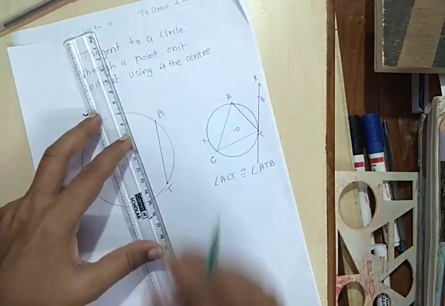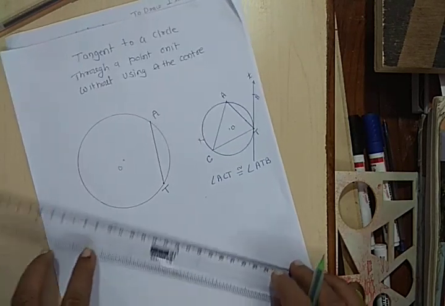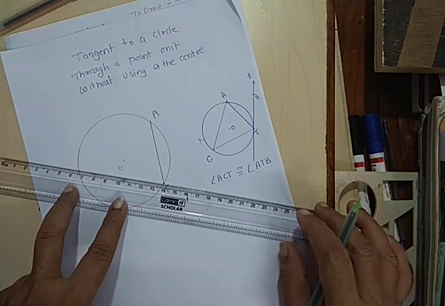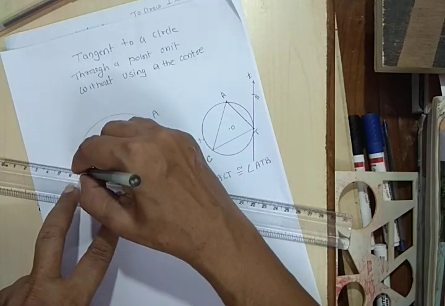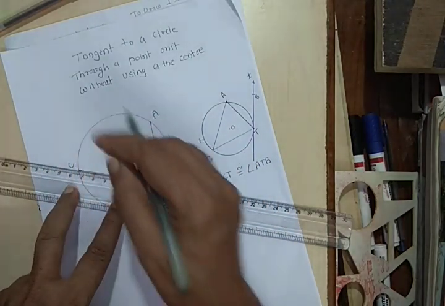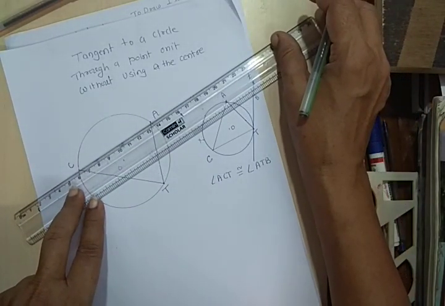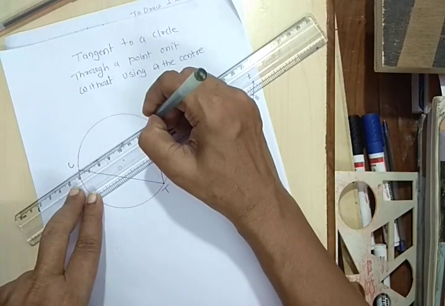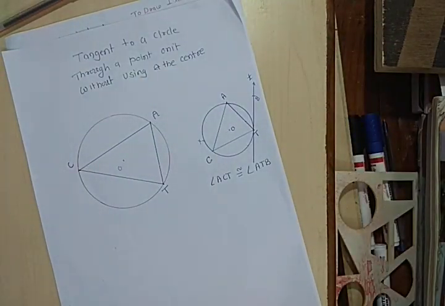Then draw an angle in alternate segment, that is, take any point C on the circle such that it is in the inscribed angle.